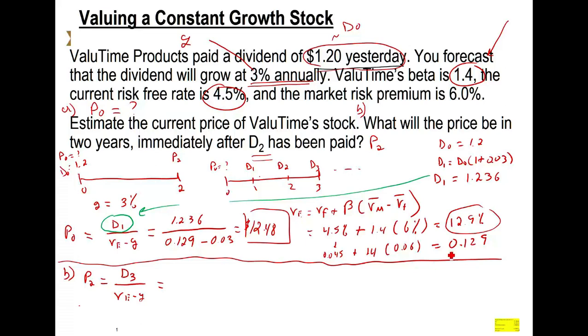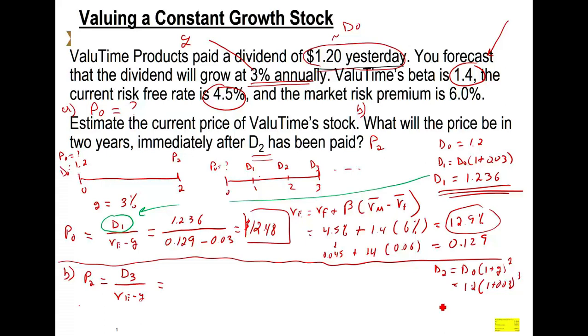Now how do I get D sub 3? Well, remember, we already have D sub 1. D sub 1 was here. So what is D sub 2? D sub 2 is just D sub 0 growing at my G for 2 years. I hope that makes sense to you. So it will be 1.2 times 1 plus 0.03 raised to the second power.